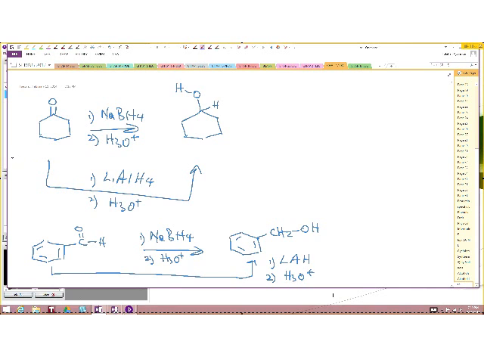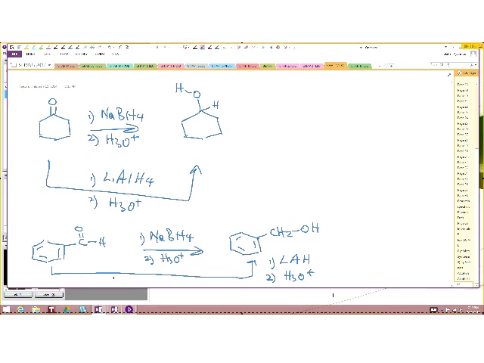Because we are starting with a ketone. If you're starting with a ketone and you add hydrogen here, and the other hydrogen goes to oxygen, you get this here.